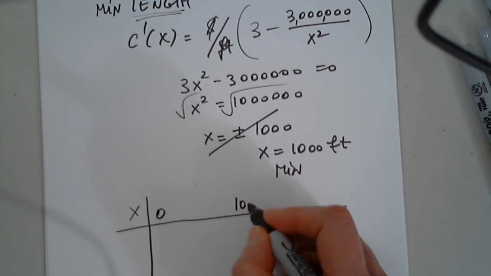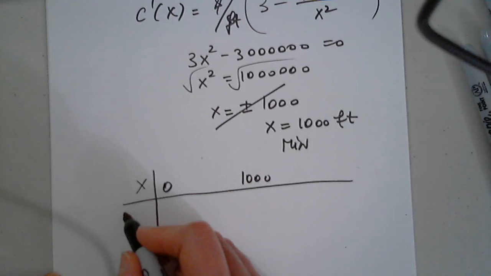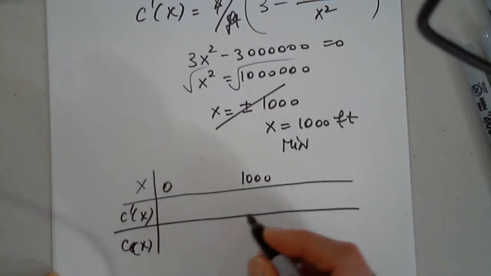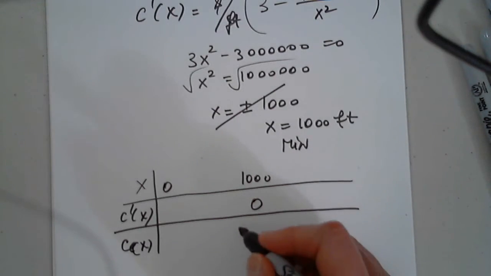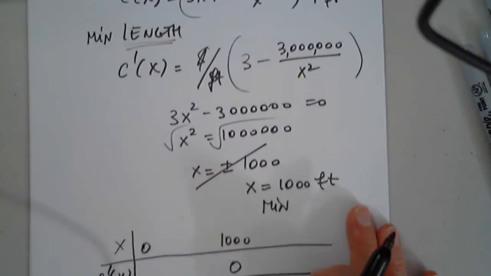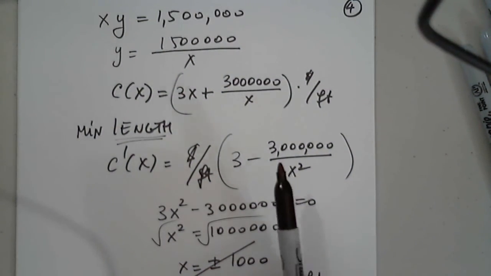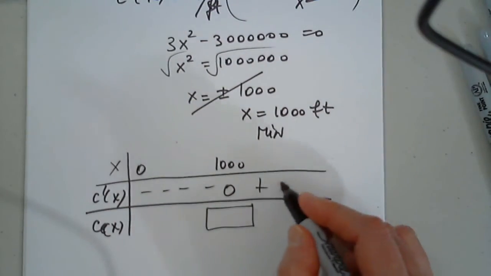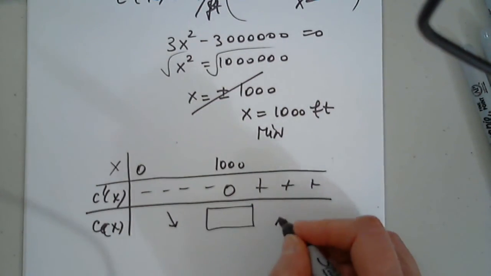So here's 0, here's 1,000, and here is C prime, and this is C of x. For now, I just need to find the sign of this expression. If you plug in 0, you will get negative. If you go above 1,000, it's positive, so this is typical for a minimum.